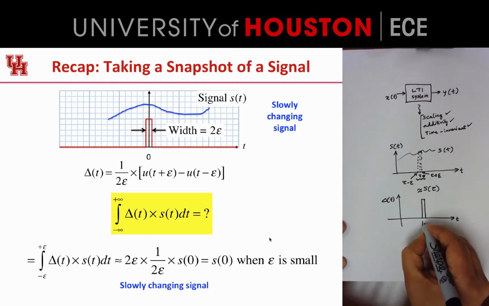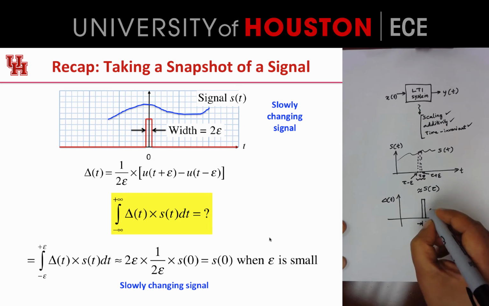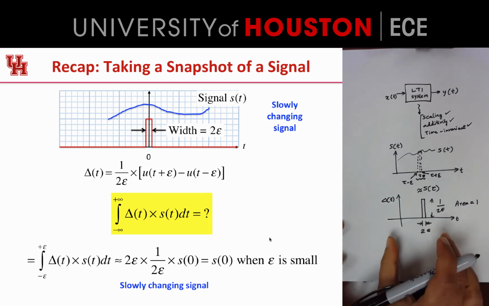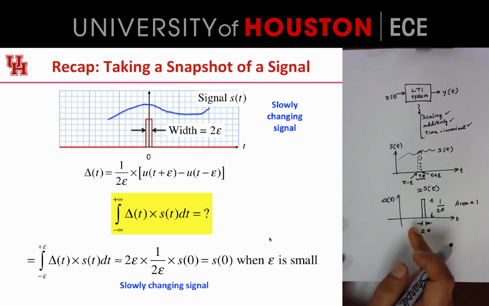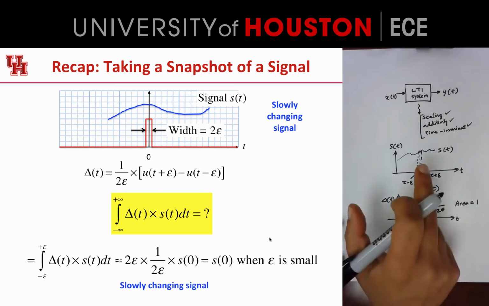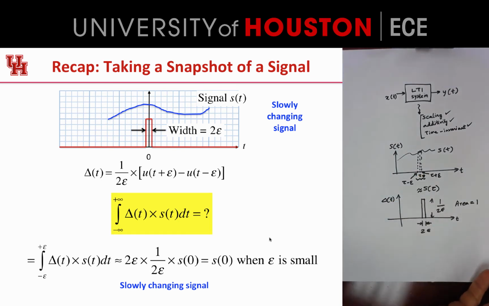So delta of t has a width of 2 epsilon, and then it has a height of 1 over 2 epsilon, which means that the product of this and this is equal to 1, right? So the area under this curve is always 1. So as I decrease the epsilon, this guy becomes taller and taller and narrower, but the total amount of area under that stays exactly the same.